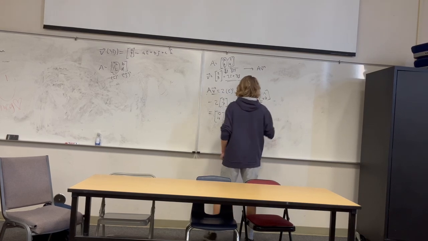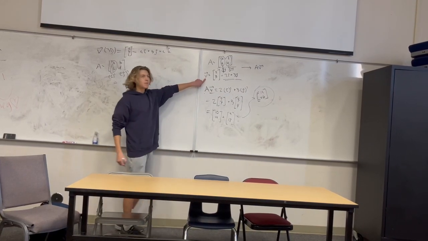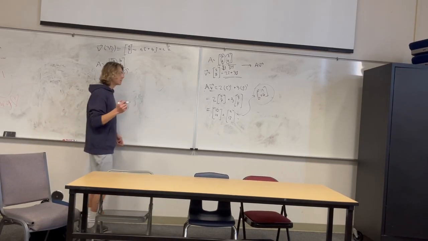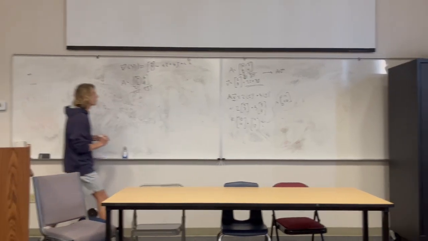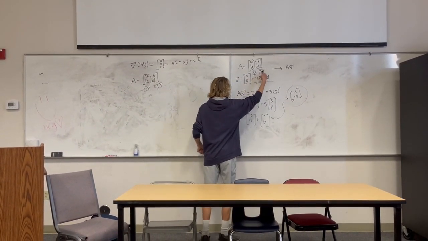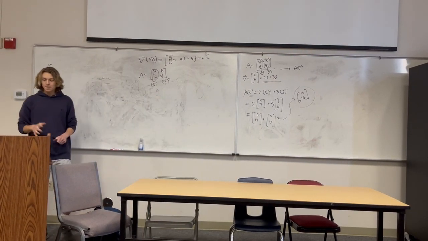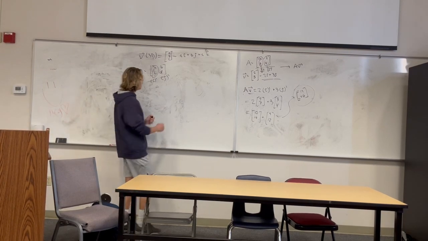So this right here is what happens to vector v after we've applied the transformation A. Does that make sense? Yep. So essentially, instead of multiplying by i and j, we're multiplying by i prime and j prime, which is our new transformed i and j. That wraps up the previous lecture.